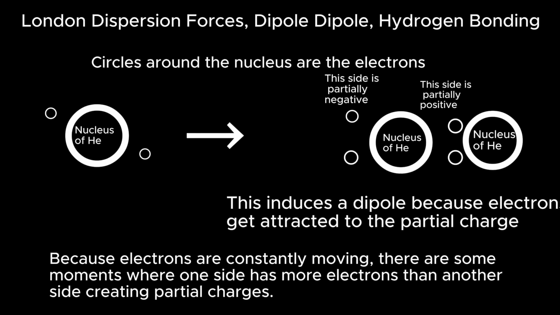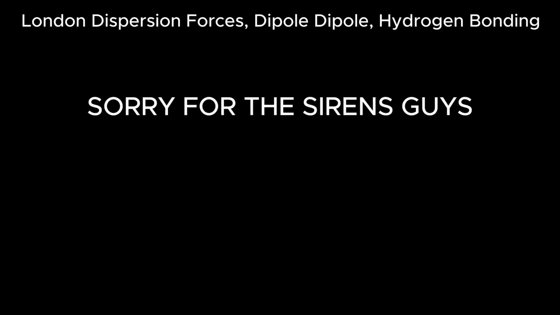Because opposites attract, the electrons might go to the side where it's partially positive, and that can create this induced dipole. So this partially positive charge induces this partially negative charge on another atom, or this partially negative charge induces this partially positive charge in another atom.